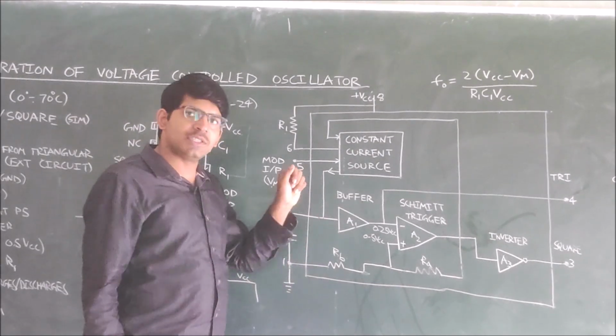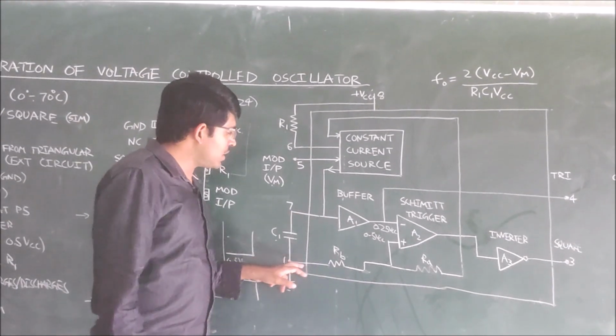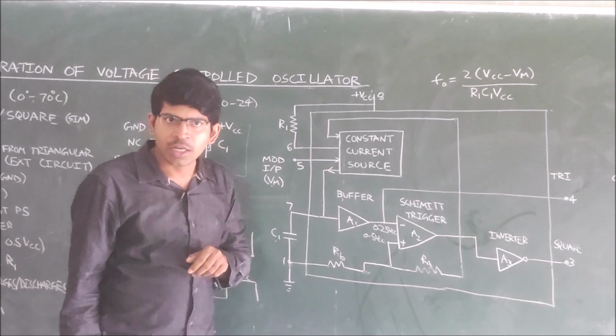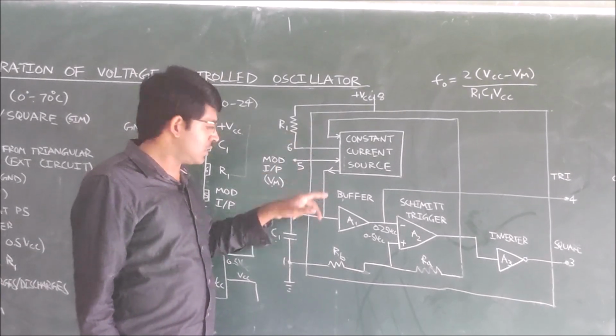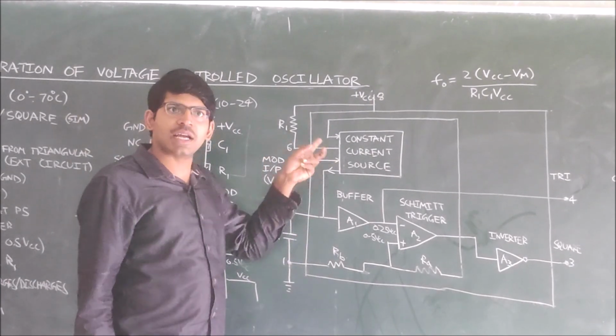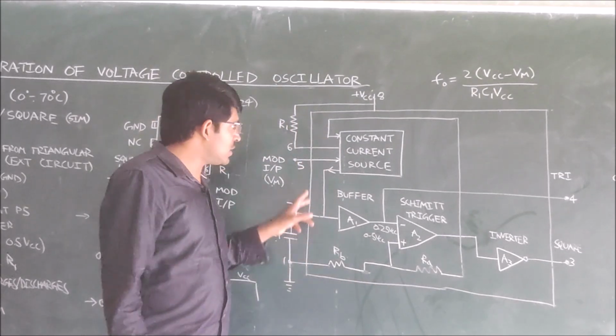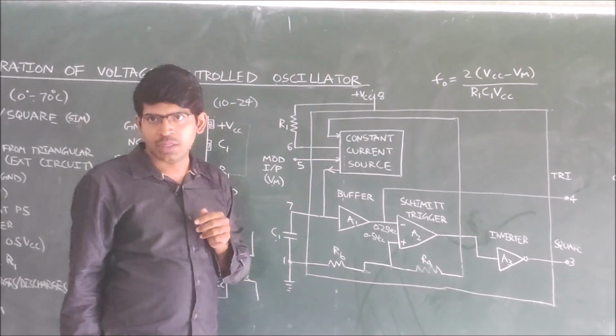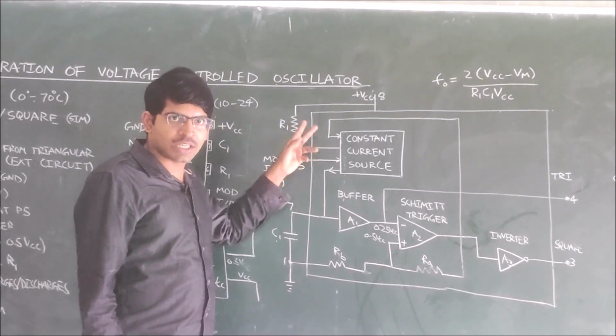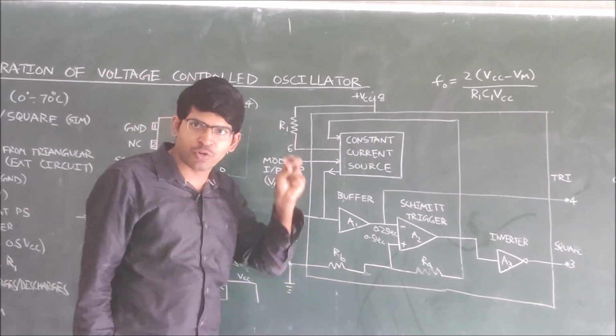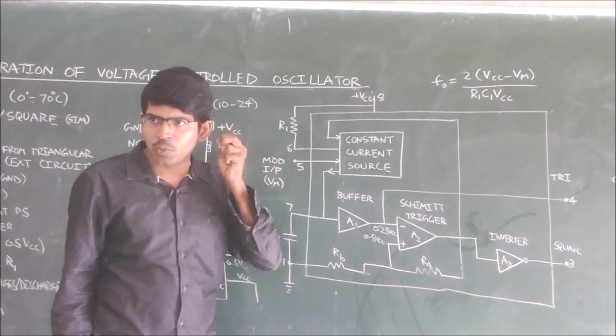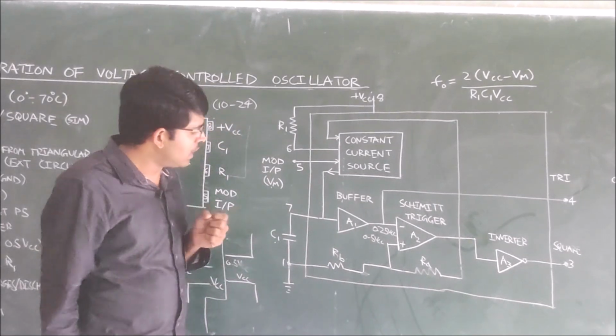C1 is connected to pin 7 and the other terminal is connected to ground. These two components, R1 and C1, decide the frequency of the triangular wave output or square wave output.